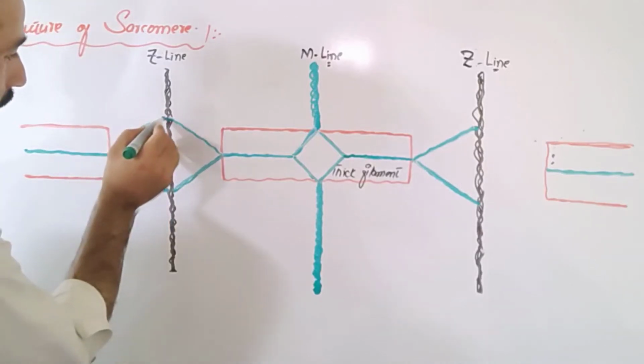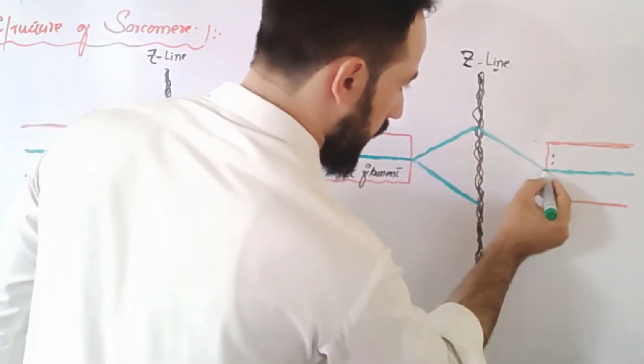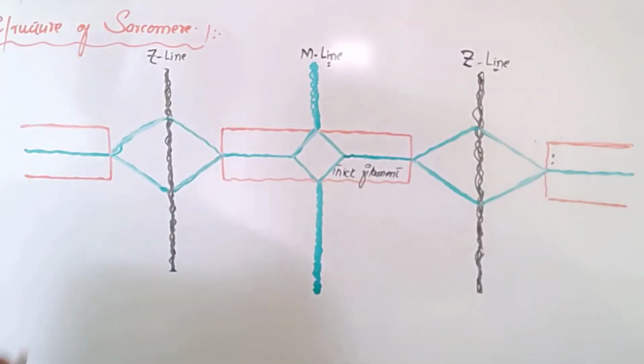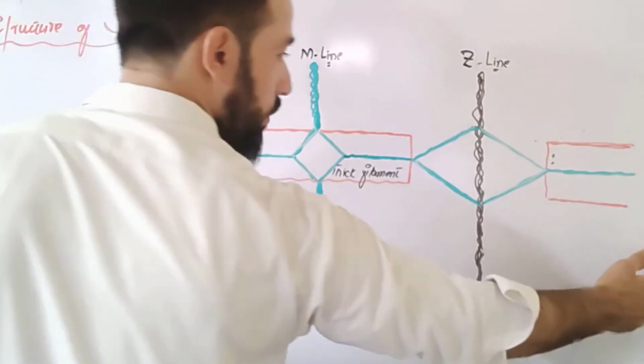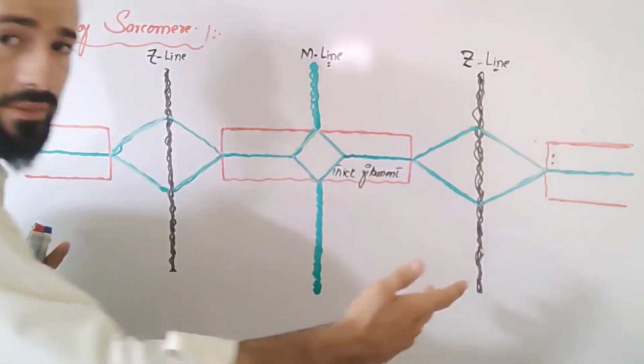So in the books you will see this structure, right? And here also the M line is connecting, and here also the M line is connecting. So you can see that the central sarcomere is connected to the two lateral sarcomeres through the M lines of those sarcomeres, right?